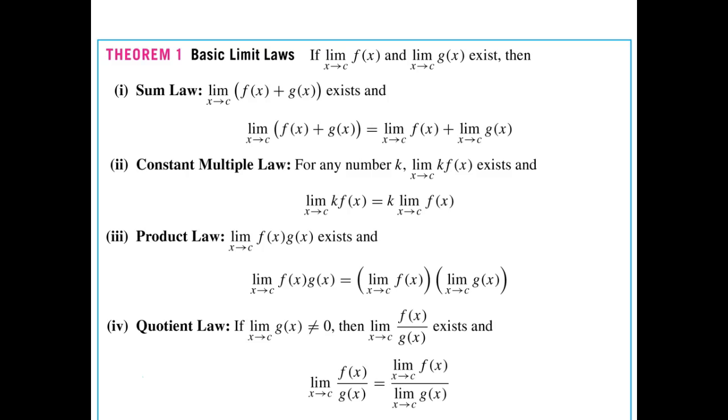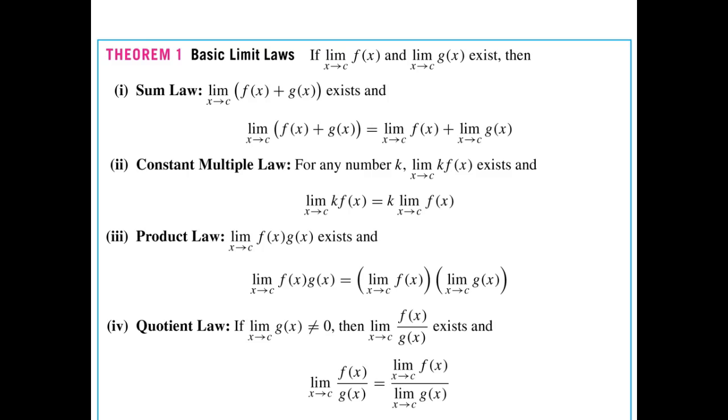So say if this was L and that was M, then this would be L plus M. If you have two functions whose limits both exist as x approaches c, then the limit of the sum exists and is the sum of the limits.